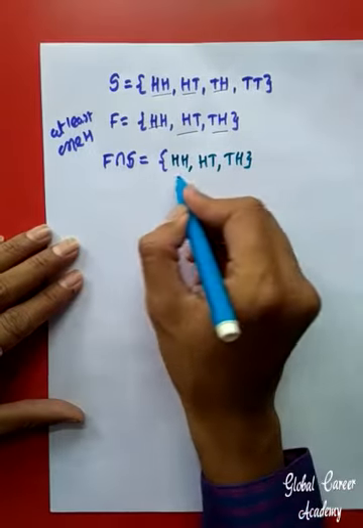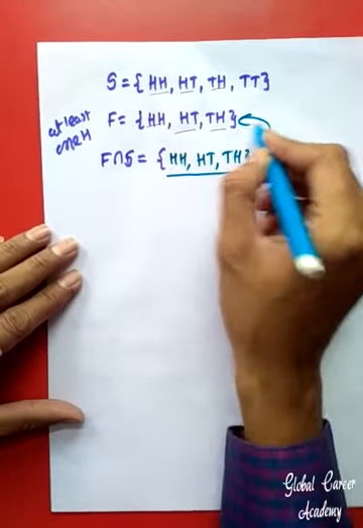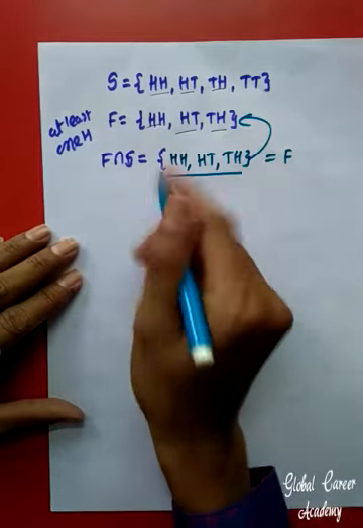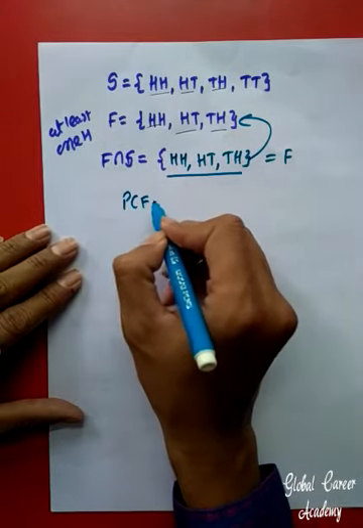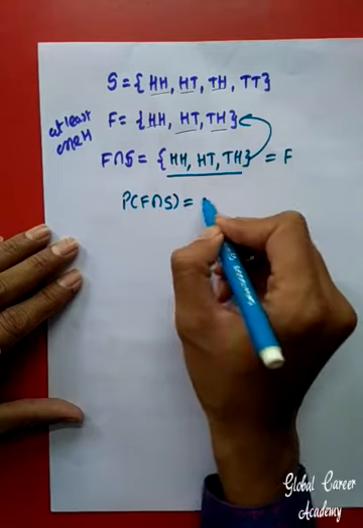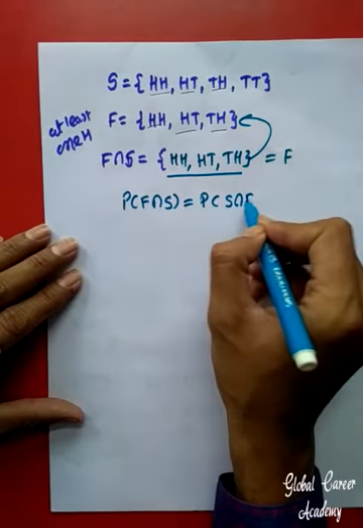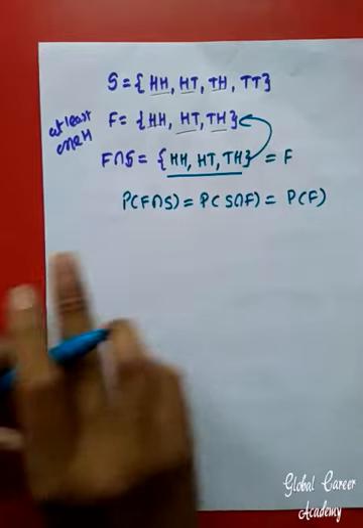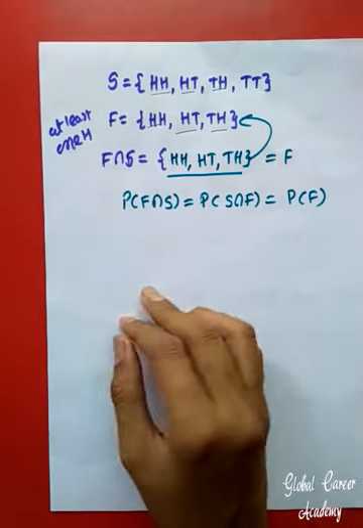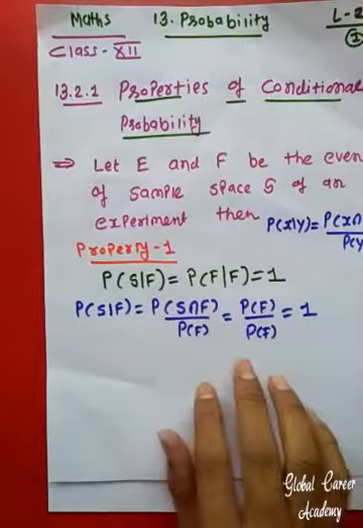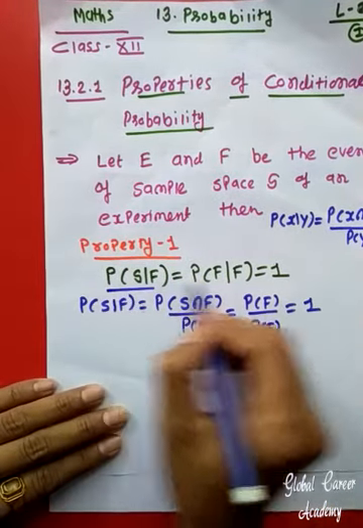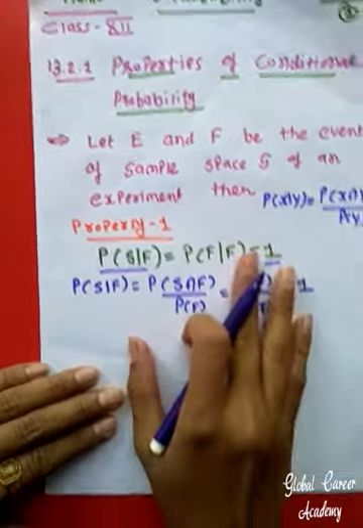So this is the same as F, the sample points of both are the same, and that is how F intersection S, or you write S intersection F, is the same as probability of F, right? So you can take an example and understand it this way. Now that is what we have proved, that the first point is proved, right?